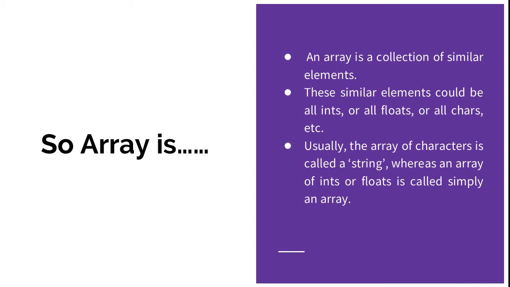Now you are aware of what a character data type is: one character variable can hold only one character, for example, in single quotes, A. So if I want to store, let's say, the word programming in a particular array, we refer to it as a string, and a string is nothing but a collection of characters, which is an array of characters.